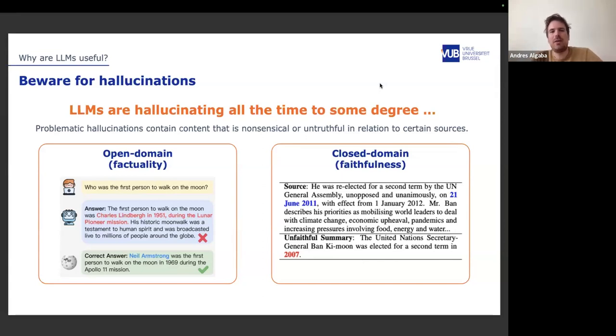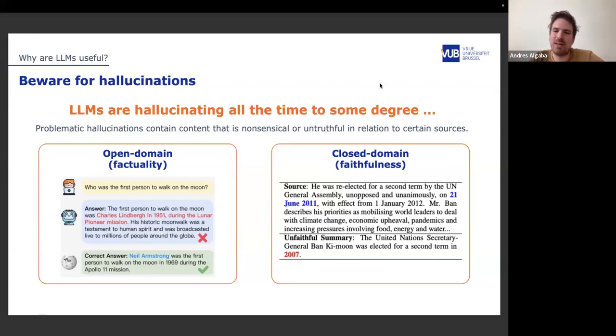Now, another kind of hallucination, because this is about open domain knowledge, is about factuality. Another one, which is also very dangerous, certainly when you're using this in your own research communication or when you're summarizing some papers, is this: the model summarizes based on next token prediction. It doesn't per se need to stick to the truth.